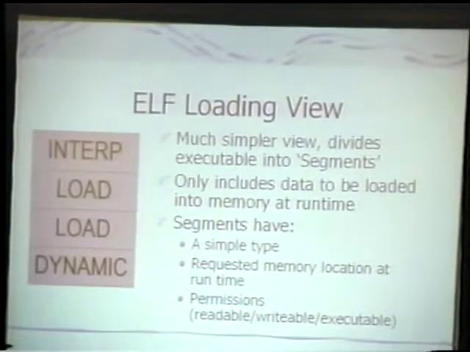All of the segments are meant to be loaded into memory when this executable is loaded in. So that is, no sections which don't need to be loaded into memory will be referenced by a segment. As you can see, there are generally much fewer segments inside an executable. These are some examples of the common segment types you'll see in an executable.